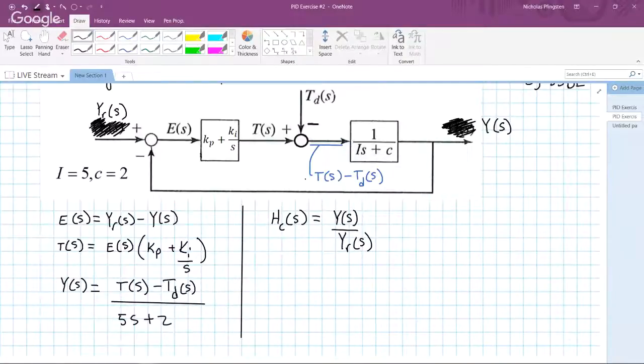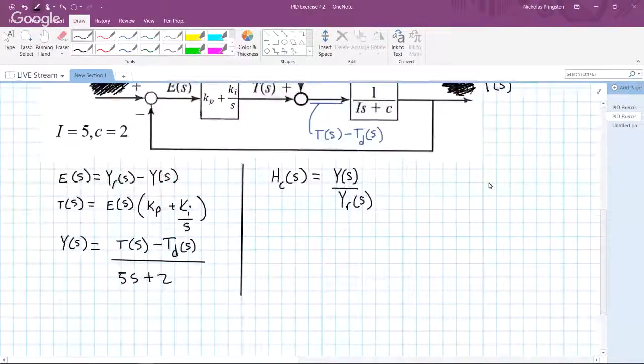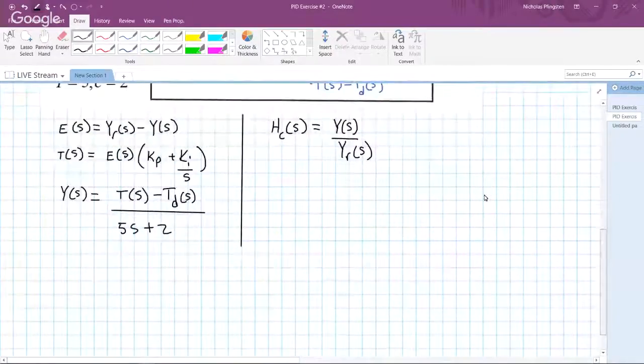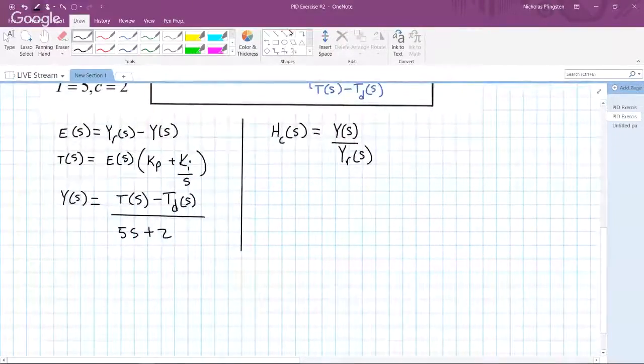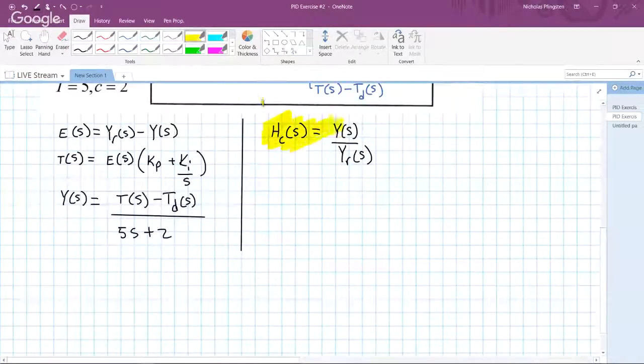So the transfer function to any type of system is output over input, which makes sense, because you know what you're putting into a system, but we don't know what we're getting out of the system. So that's something that we need to know. I'll highlight it.